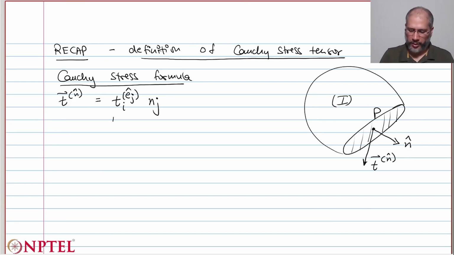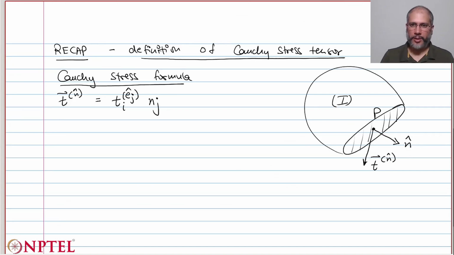So if we have the information about the traction vector on the coordinate planes, that is the E1 plane, E2 plane and E3 plane, then we can find the traction vector on any arbitrary cutting plane with a normal in the n hat direction. This is a very powerful relation because this allows us to store the information about the state of stress at a given point P using a very small amount of information, which is basically just these three traction vectors on three mutually perpendicular cutting planes.